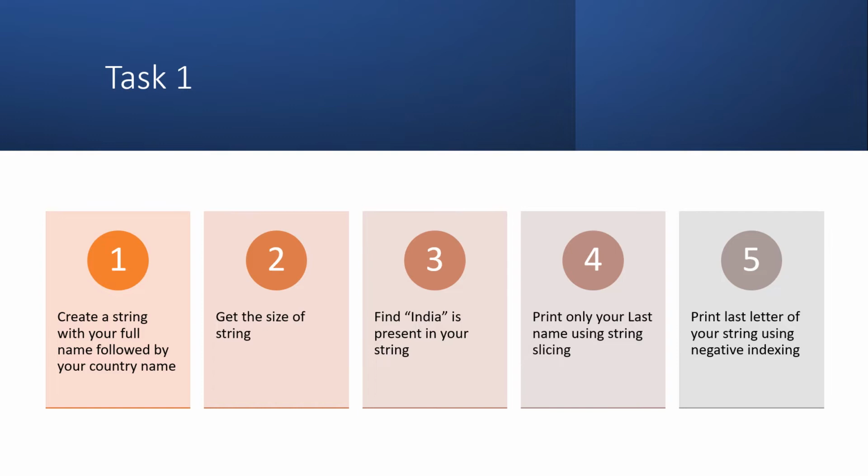Now the last subtask of this task 1 is to print the last letter of your string using negative indexing. I believe that the last letter of your string will be either A from India or the last letter from your country name. This you have to do by using negative indexing.